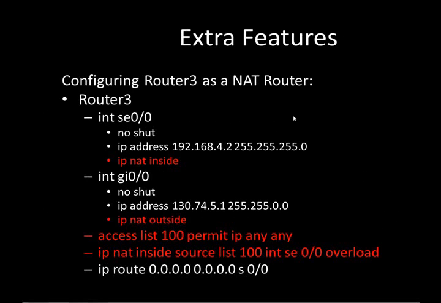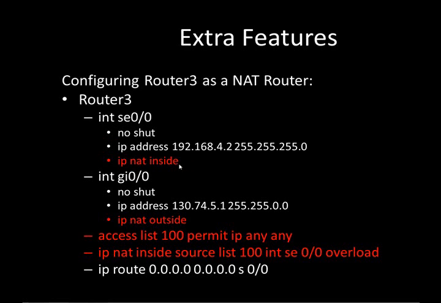Here, this is our configuration for router 3 as a NAT router. On router 3, you see I wrote it down in a different color the command that is required to actually configure one router as a NAT. Here you see the IP NAT inside on this interface, that's for the inside network.